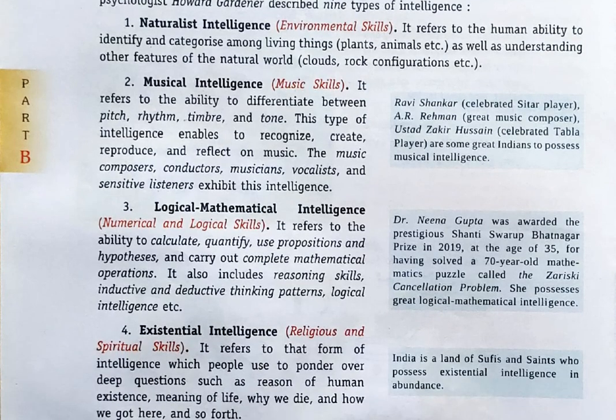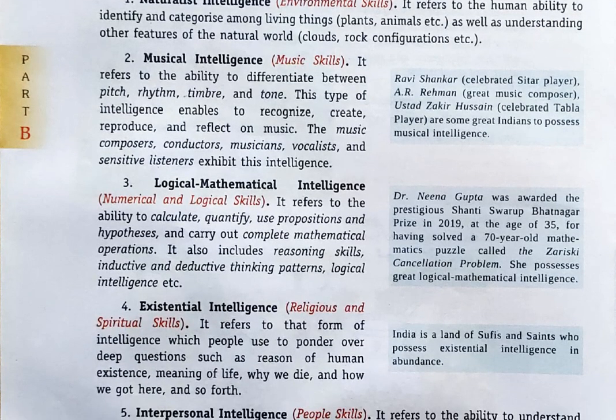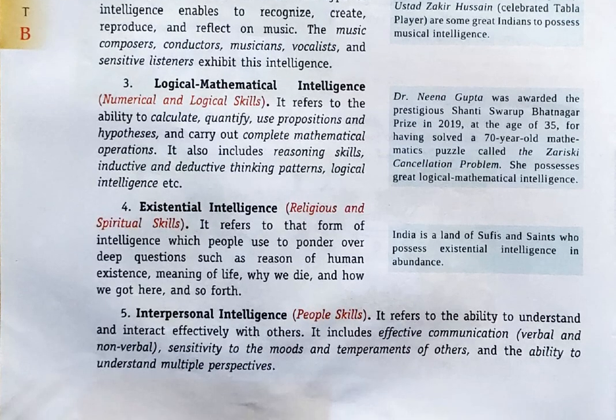Fourth is existential intelligence, or it can be termed as religious and spiritual skills. So the persons who have the religious skills or spiritual skills can reason about human existence, what is the meaning of life, why we die, and how we got here.